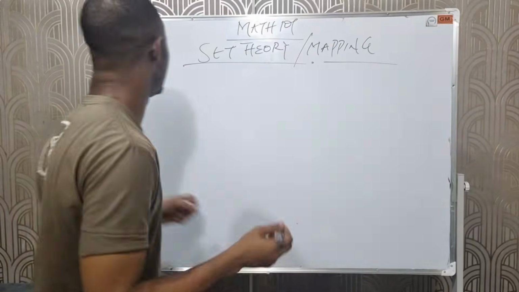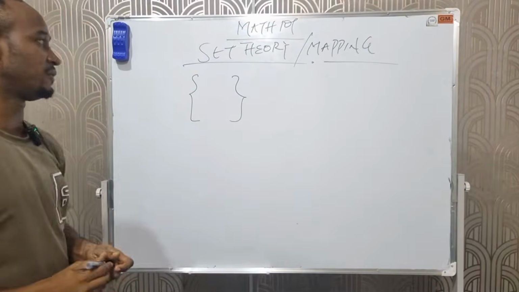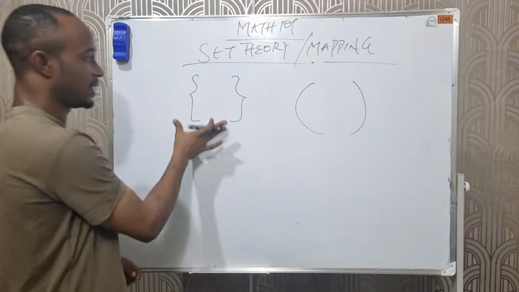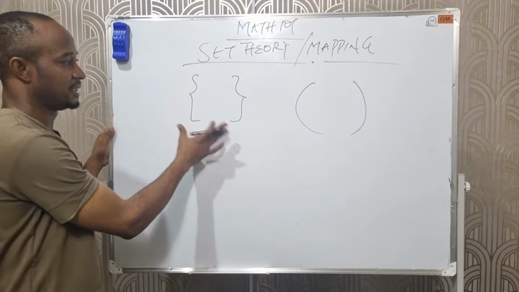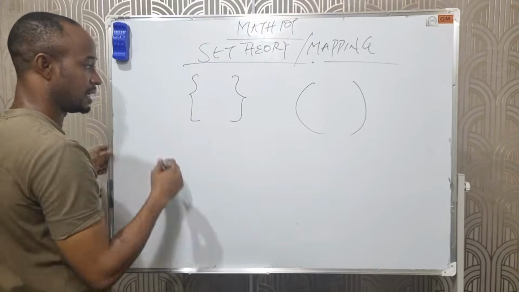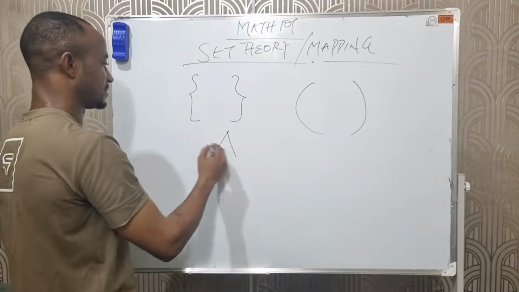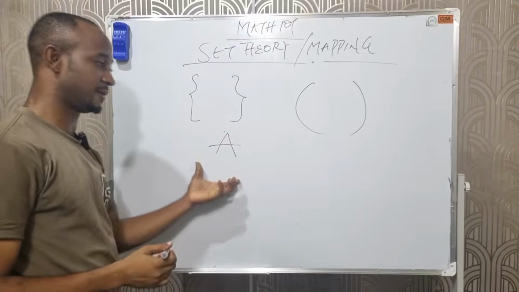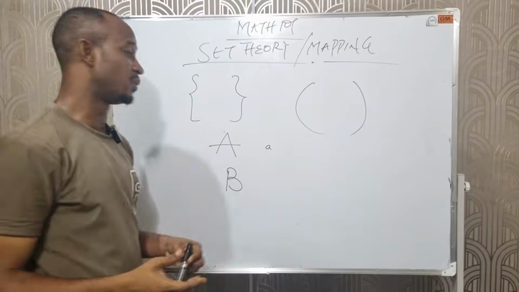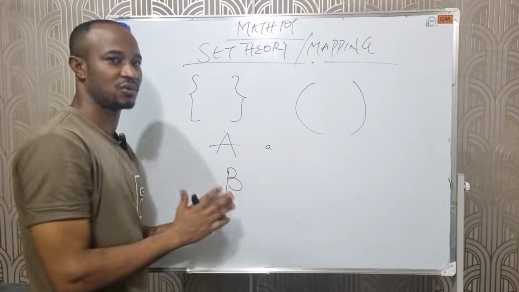A set can be represented with this symbol, not brackets, but a curly bracket of this kind. This is how we represent sets. Sets are also represented with a capital letter, like capital A or capital B. We don't use small letters to represent a set, but we use small letters to represent elements of a set.